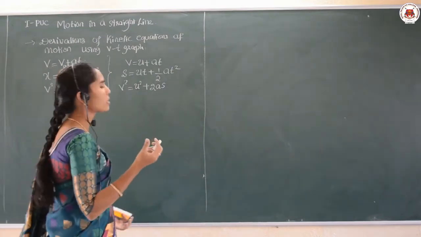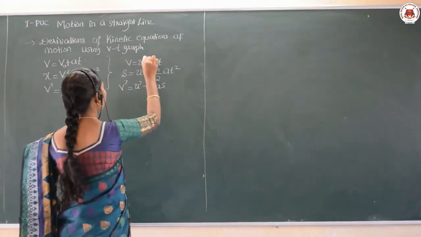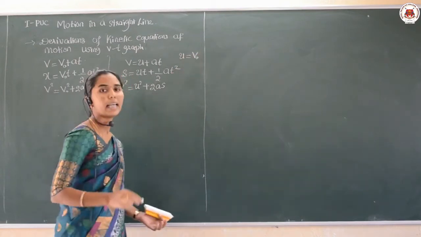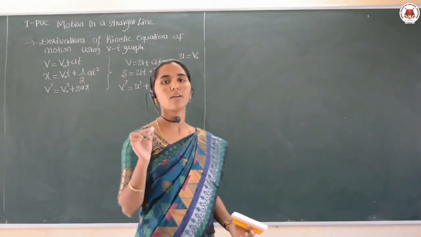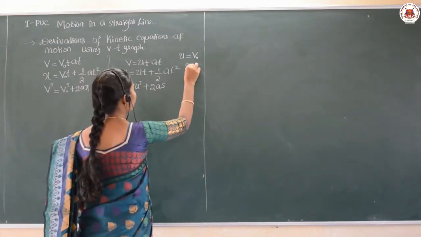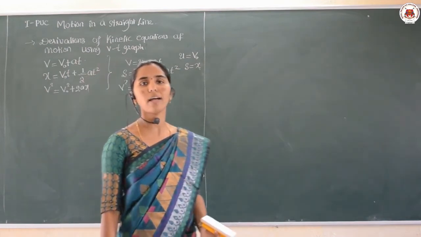Actually, a small change we have done in the NCERT text. In place of U, now we are using V naught as the initial velocity of an object, and in place of S we are now using X, that is the displacement of an object.